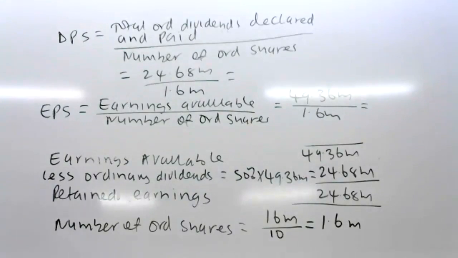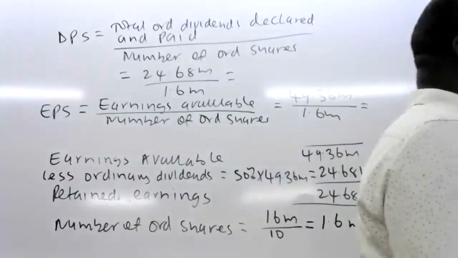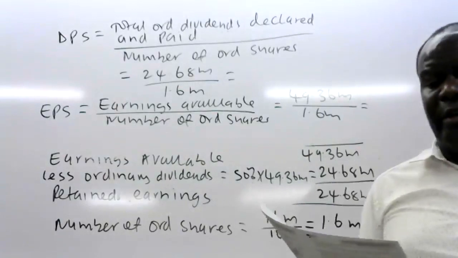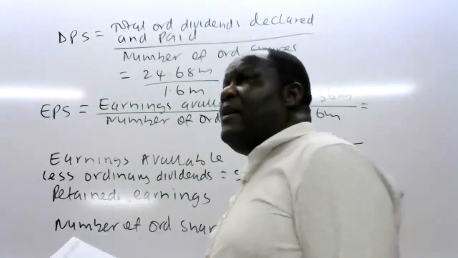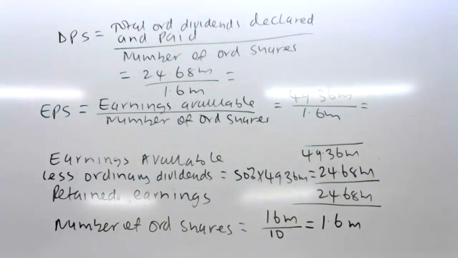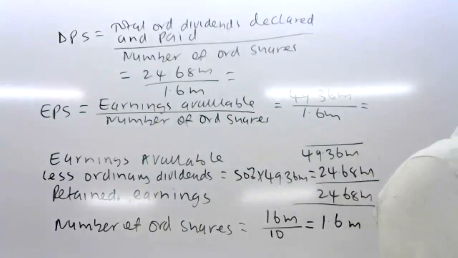Number 2 is liquidity ratios. Number 3 is leverage or gearing ratios. Number 4 is profitability ratios. Number 5 is activity or efficiency or asset utilization ratios.